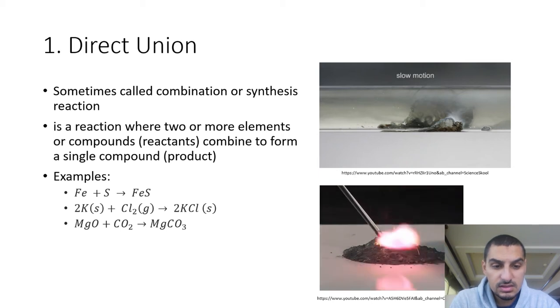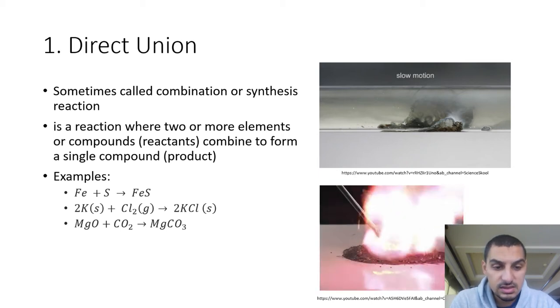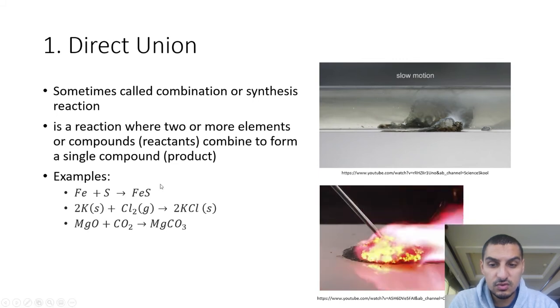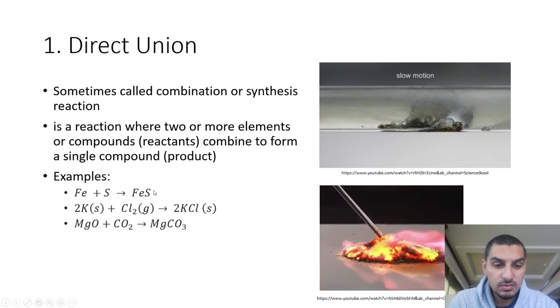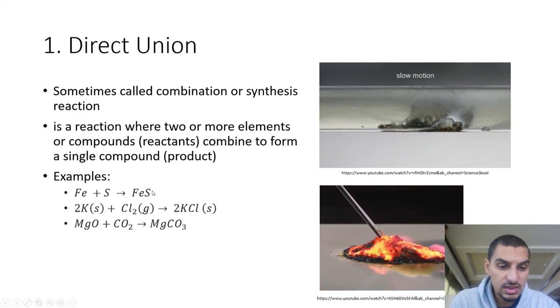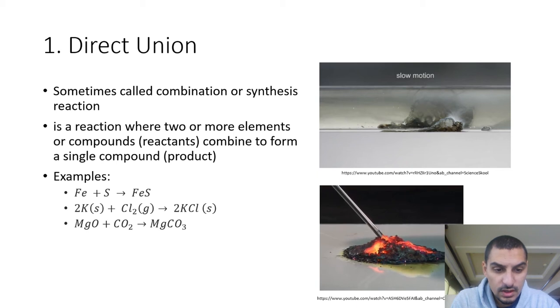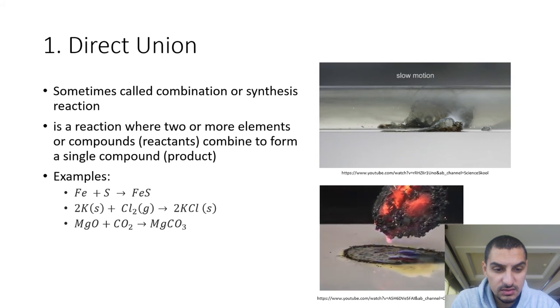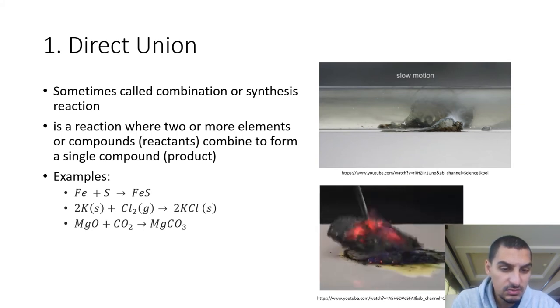And when he does this, the reaction starts, and as you see, iron and sulfur are performing this reaction, forming the iron sulfide, which is the output of the direct union or the combination reaction. And you'd see now he's going to pull the glass rod, and the mixture is sticking to it now because the reaction is almost done.